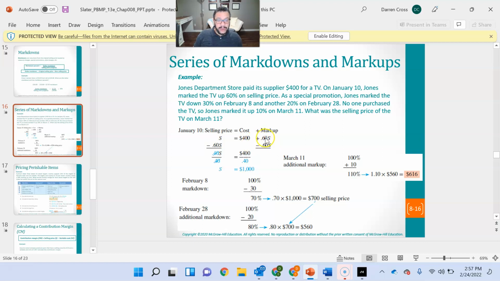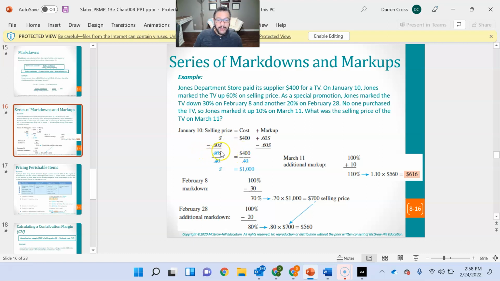Well, we need to get the S's together, so we need to get rid of this on this side. The way we do it is the opposite process. They're asking us to add, so we subtract. And what we do to one side, we do to the other. 1S minus 0.60S is 0.40S. 0.40S equals 400, right?